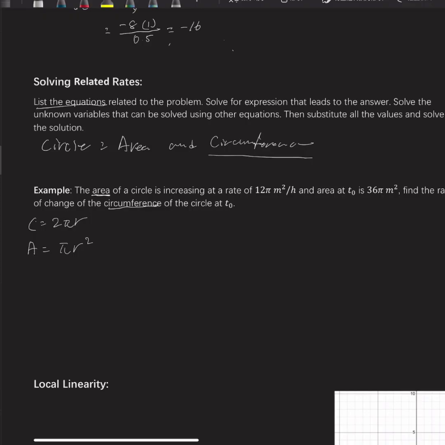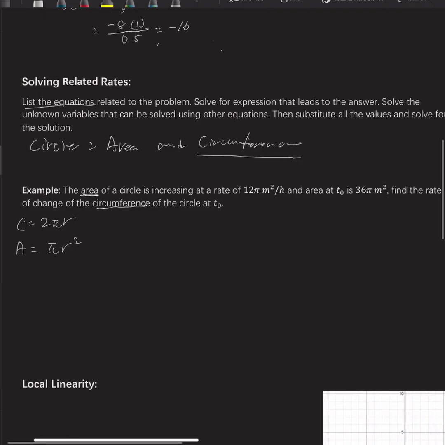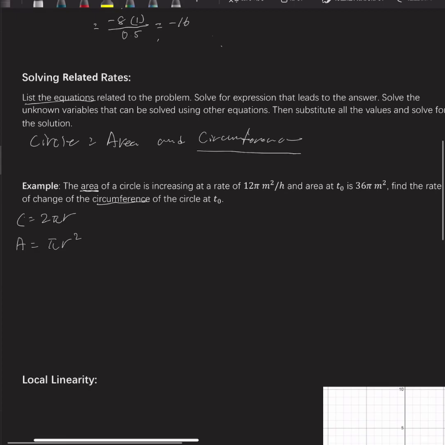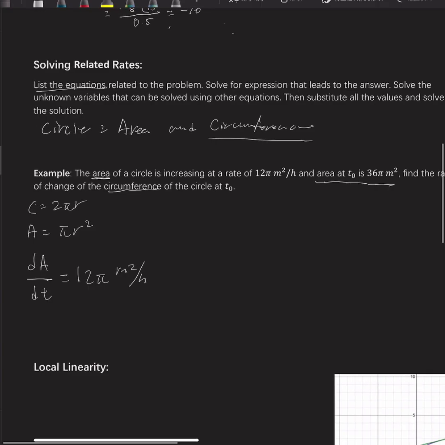So let's see the givens in the problem. The area of the circle is increasing at a rate of 12 pi meters squared per hour, which means that the derivative of area with respect to time is equal to 12 pi meters squared per hour. And the area at t0 is 36 pi meters squared.